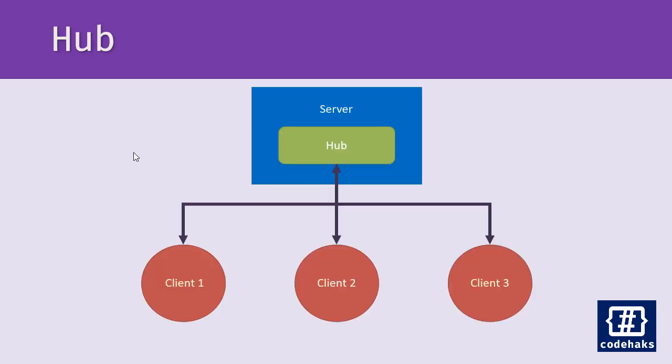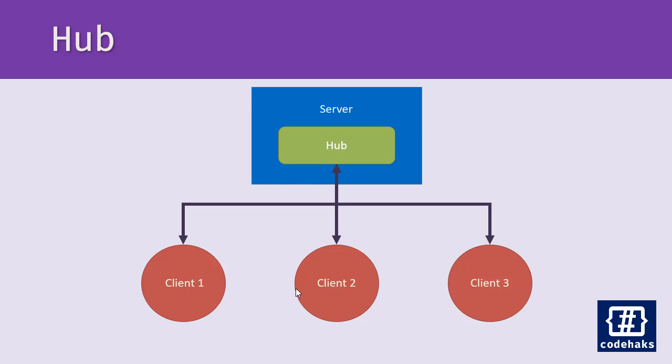But the structure of SignalR is something like this. Clients, most likely browsers, call to the hub. The hub lives inside the server. It's a class actually, as we created just now, and clients call to this hub and send information to this hub, and the hub can share that information between other clients.